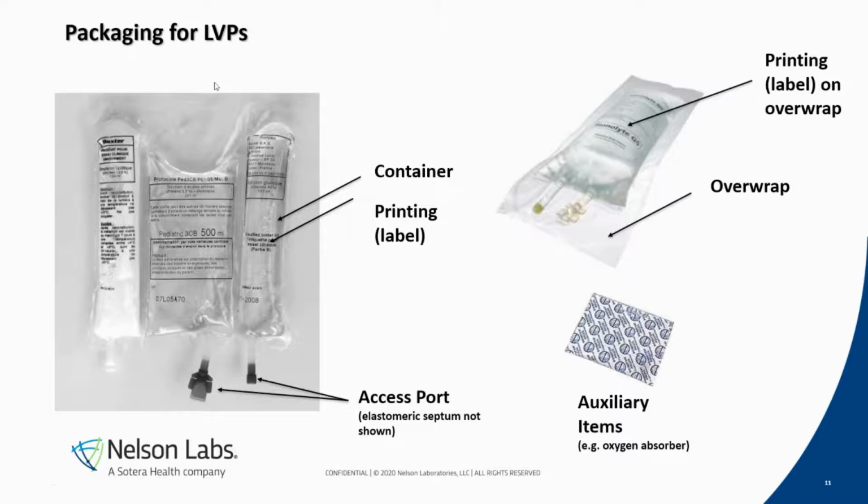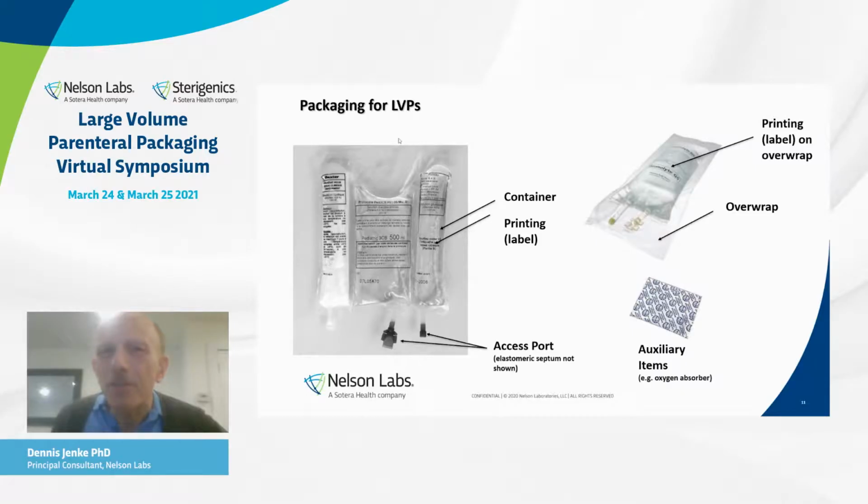The reason that that kind of container closure system evolved is because it became extremely difficult to optimize the formulation of a complex LVP. Think, for example, of an LVP that contains both a lipid emulsion and a dextrose, an energy source. And the lipid is more stable at high pH.